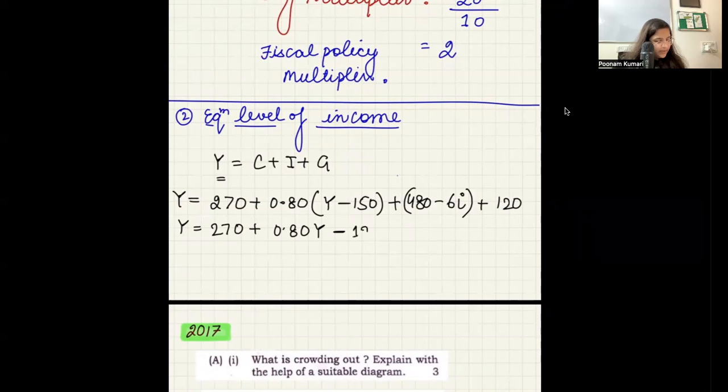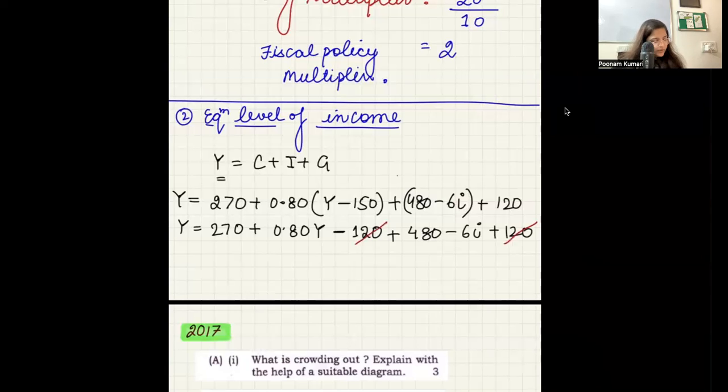So this will be 120, right? And then plus 480 minus 6i plus 120. So this is 120, this is also 120. This is negative, this is positive. They will get cancelled.